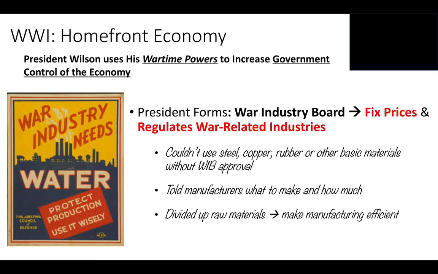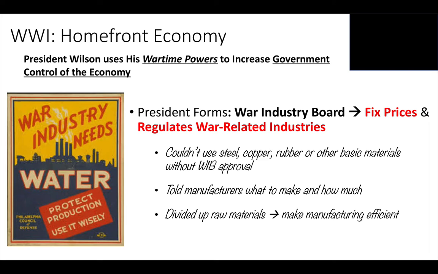So, for example, steel, copper, rubber, these are raw materials that are used by the Army. Okay? The Army needs a lot of steel, copper, and rubber. And because of that, the government can literally say to industry, you don't get to use rubber. You don't get to use steel.